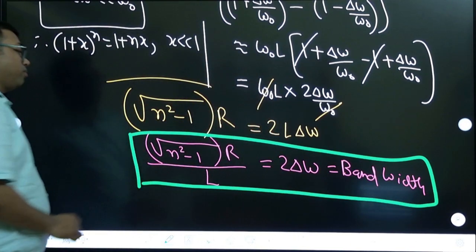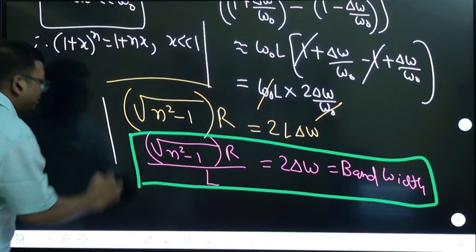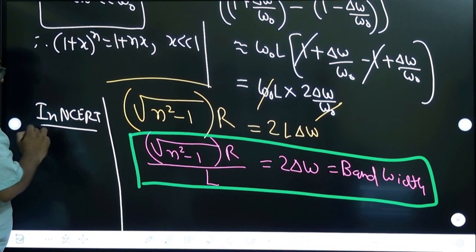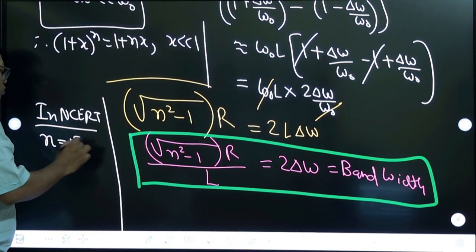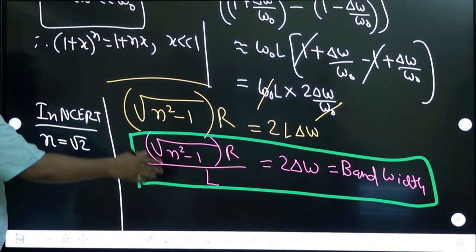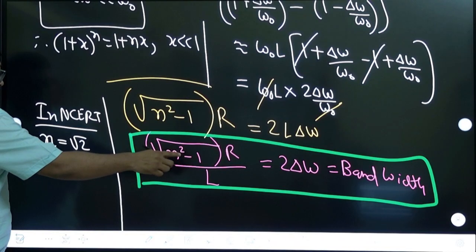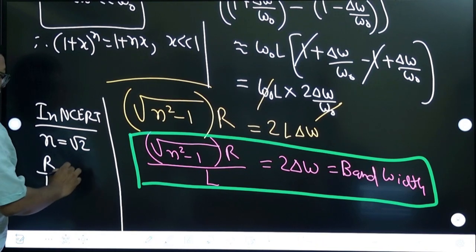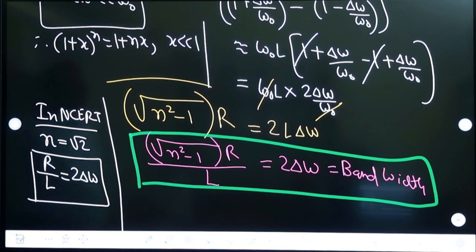Now here you need to note that in NCERT, the value of N has been taken as root 2. So according to NCERT, this formula will become root 2 square, meaning 2 minus 1, so this term will become 1. So this will become R by L. That is what 2 delta omega is. Clear?